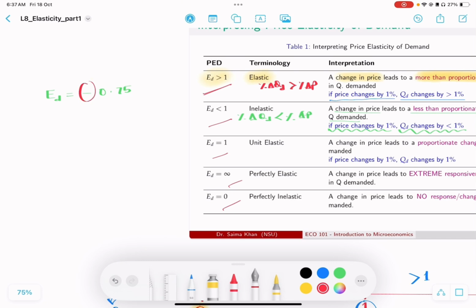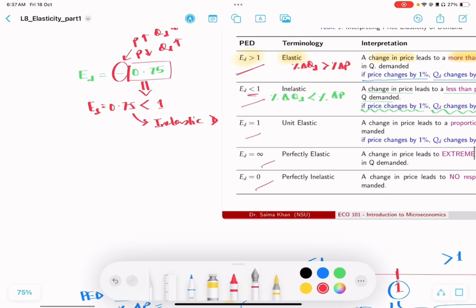Again, remember this minus sign is just telling me that as price increases, quantity demanded decreases, and as price decreases, quantity demanded increases. It just tells me about the negative relationship. This number is what gives me information about elastic or not. Because this number is less than 1, right?